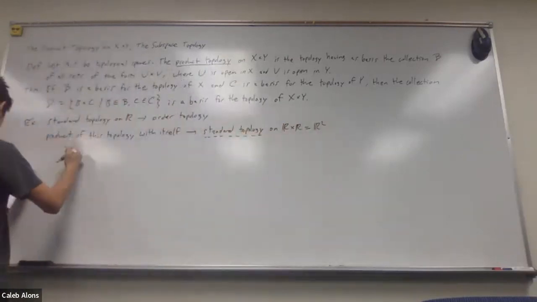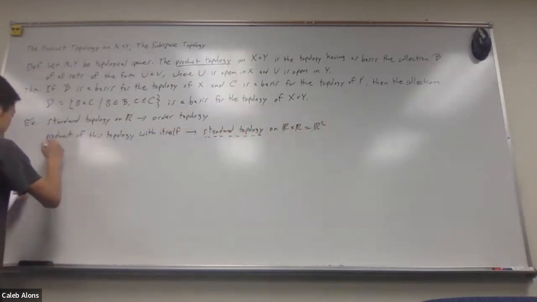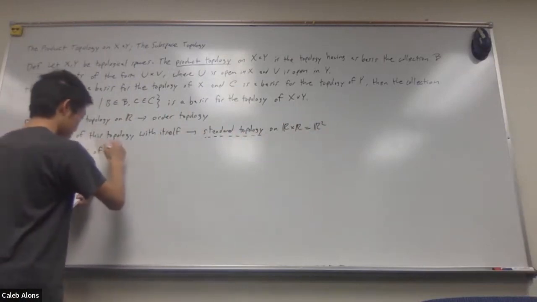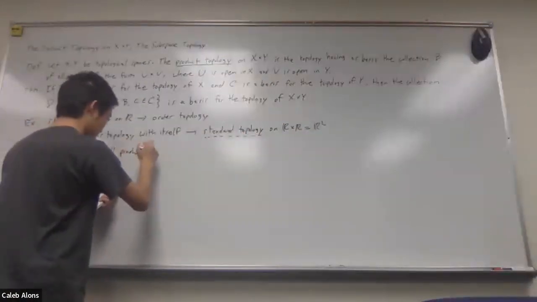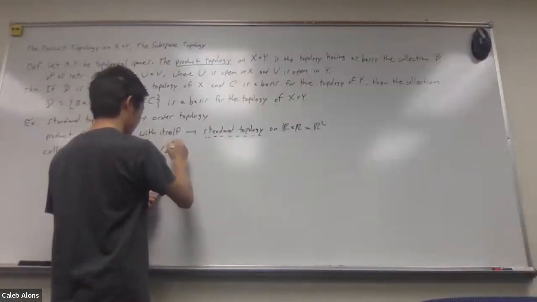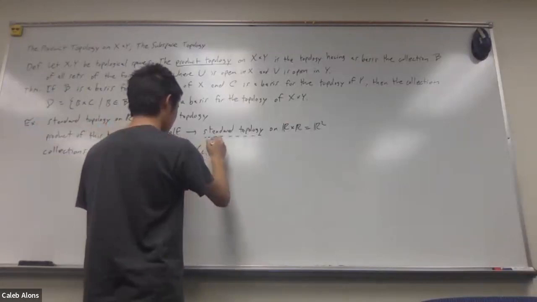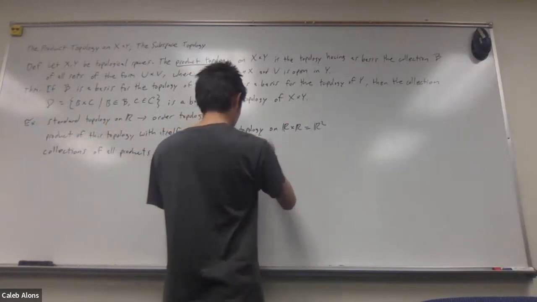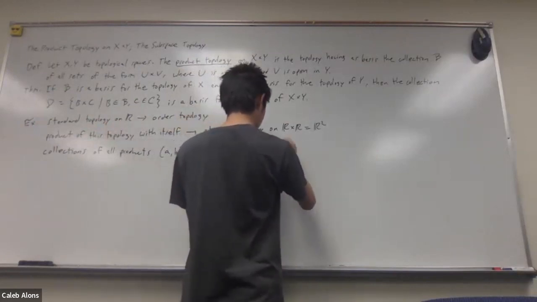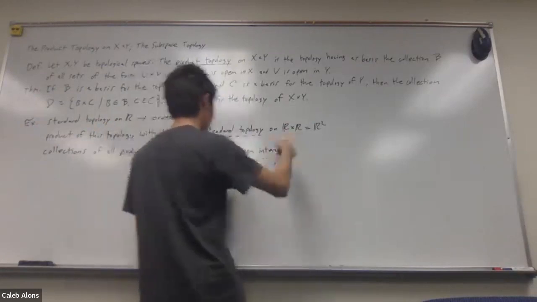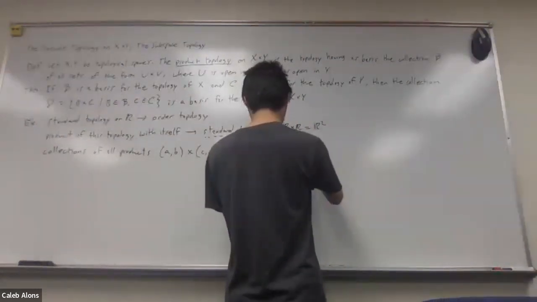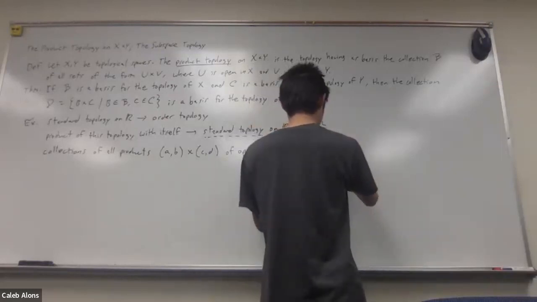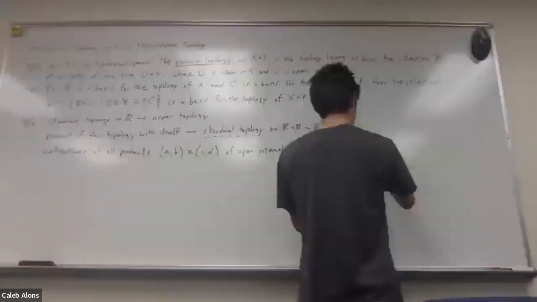And so then there, for the basis, we could say that the collection of all products, and since we're on the reals, we can use these open intervals. So if I have (a, b), and I take that with (c, d), the collection of these products of open intervals, or basically just sets that are open in R, serve as a basis.